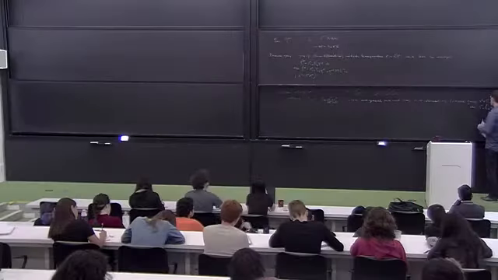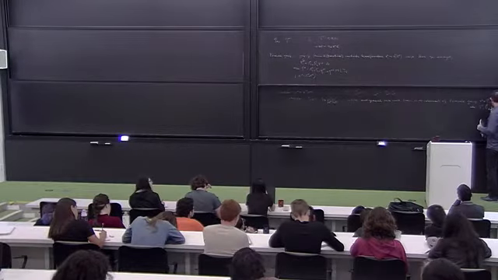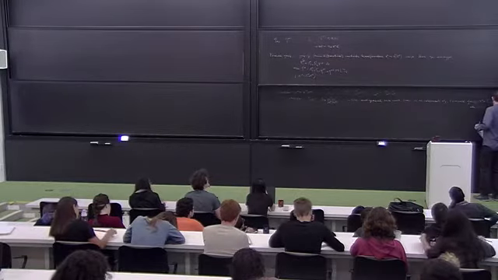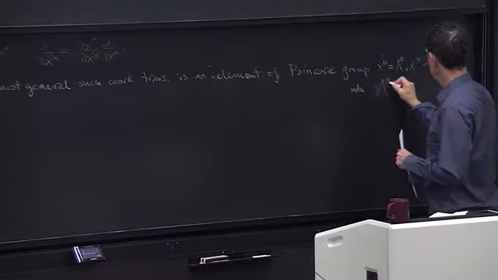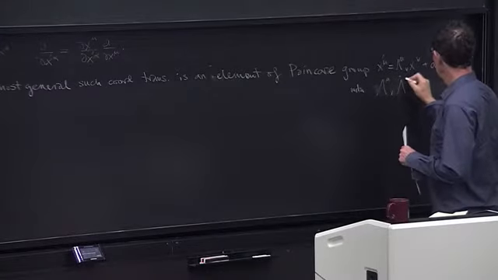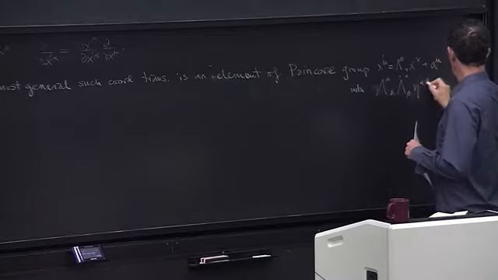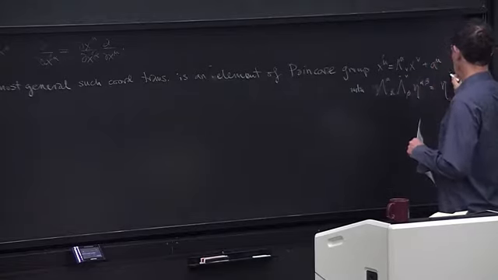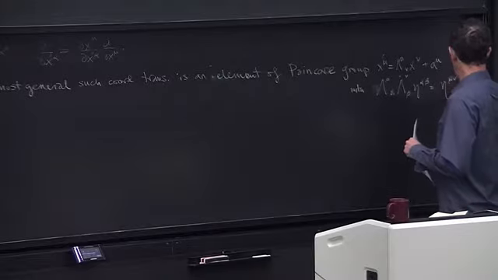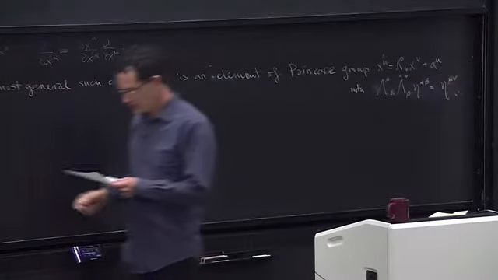In fact, these are the way I've written it, these are down. Let me do it the other way around. Should have been lambda twiddles. Okay, so that's the claim.